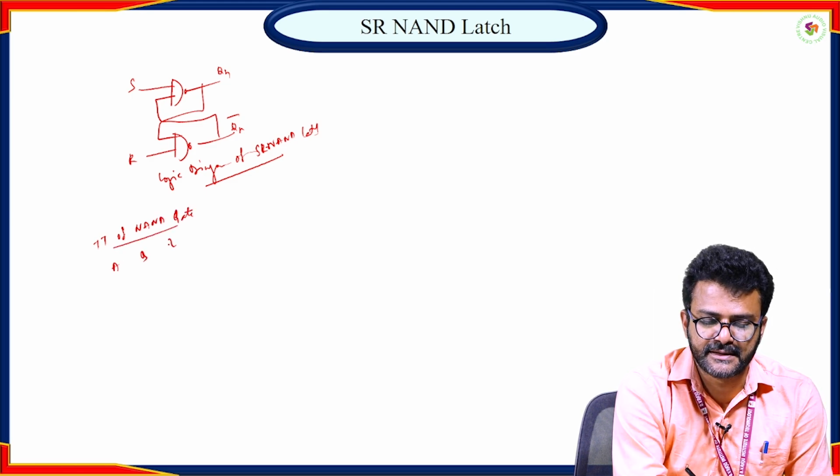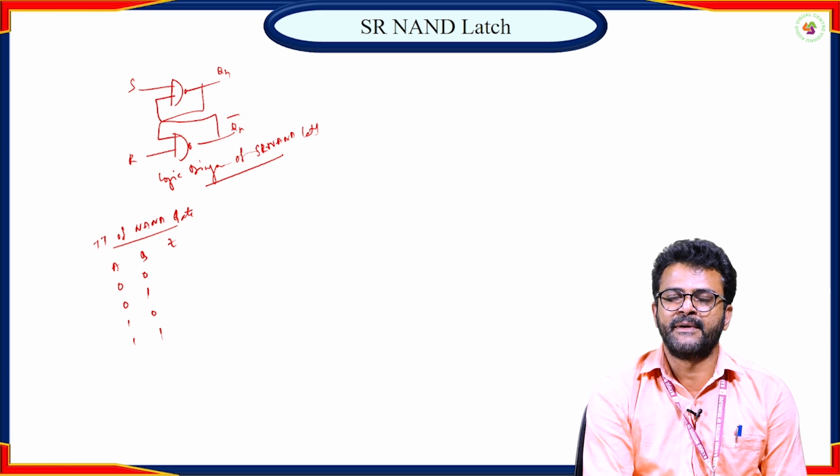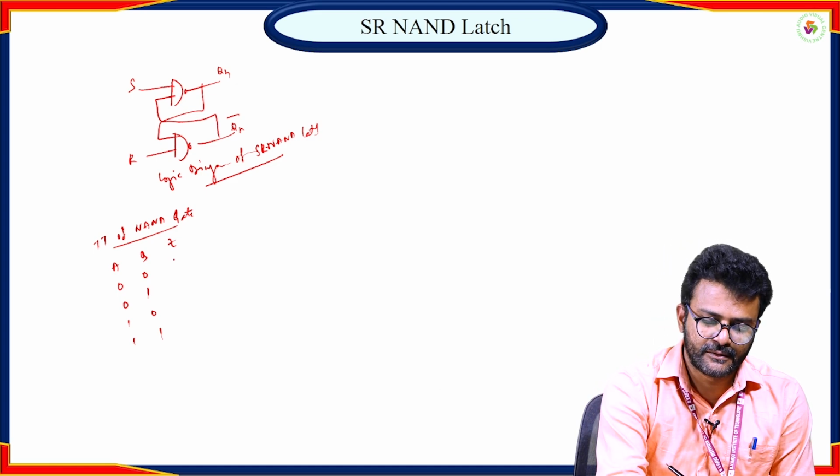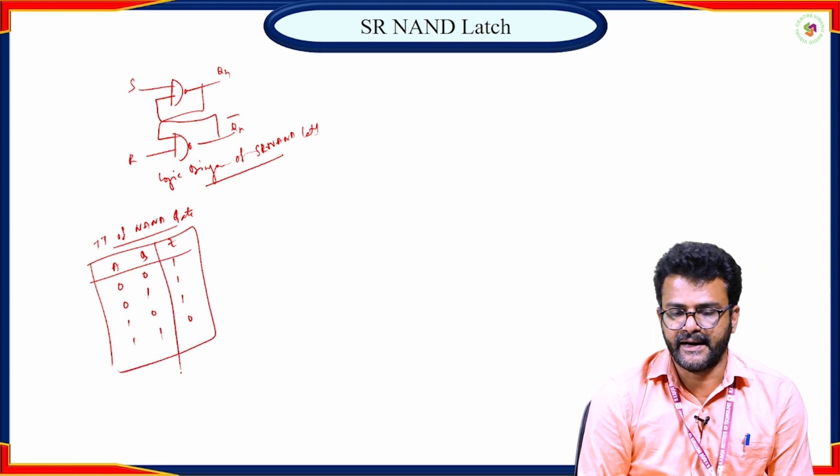A, B and Z: 0 0, 0 1, 1 0, 1 1, and you know the NAND gate is the complement of the AND gate. So this will be ones and this will be zeros. This is the truth table for your NAND gate.